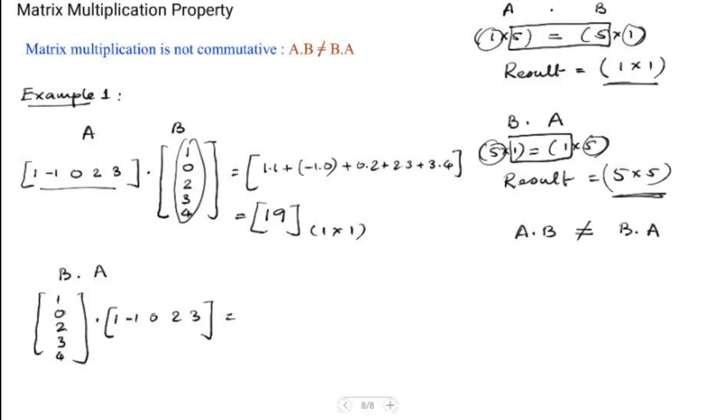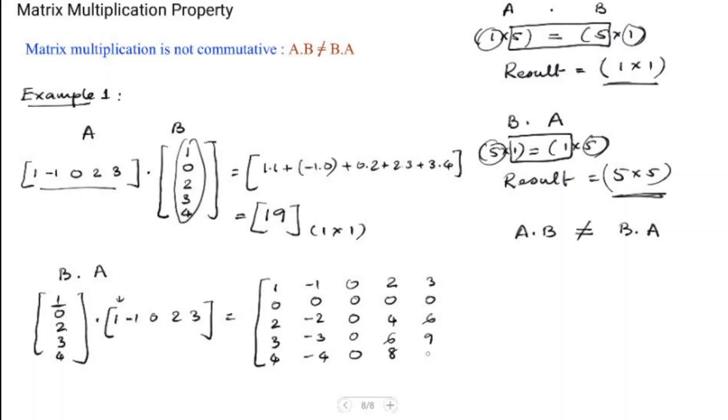Here you multiply the first row, that's just 1, with the first column, then the first row with the second column, and so on, and you get a matrix that looks like this: 1, 0, 2, 3, 4, minus 1, 0, minus 2, minus 3, minus 4, 0 0 0 0 0, 2 0 4 6 8, and then you have 3 0 6 9 12.